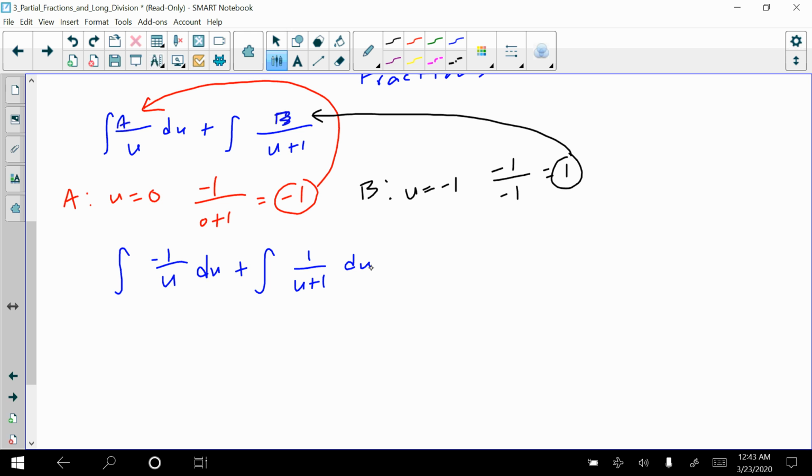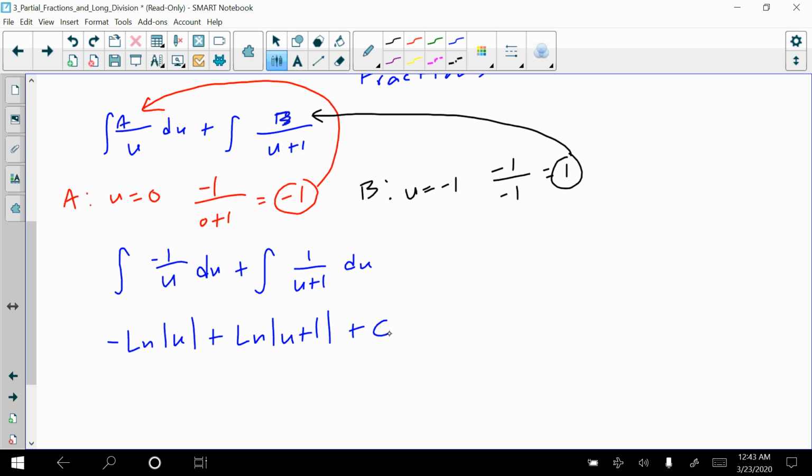So the antiderivative of the first fraction, negative 1 over u, will be negative 1 times the natural log of u. And the next one will simplify to be 1 times the natural log of u plus 1. And we have a constant that we're adding because of the indefinite integration.